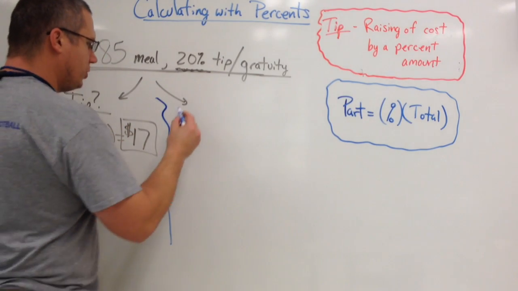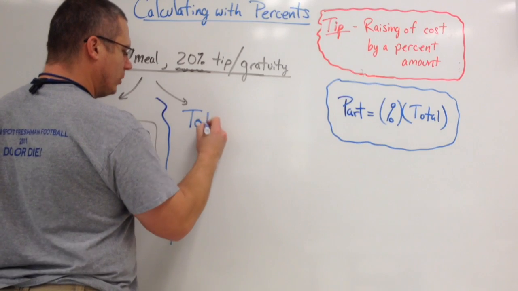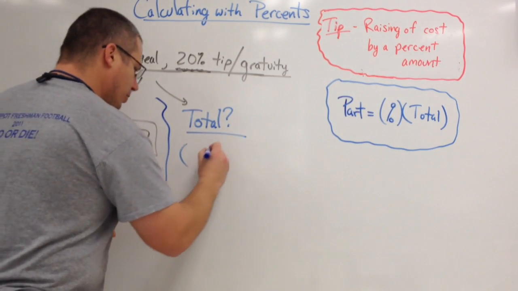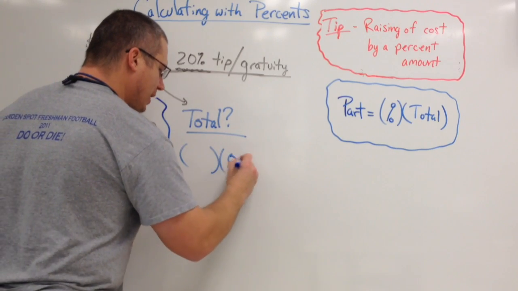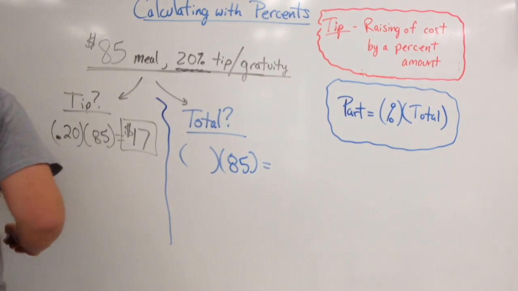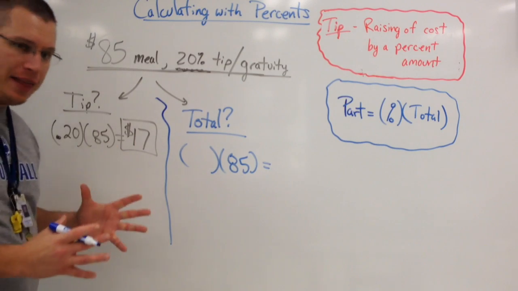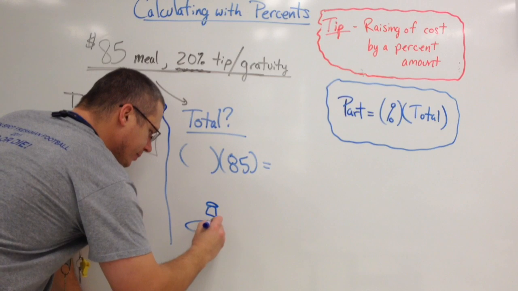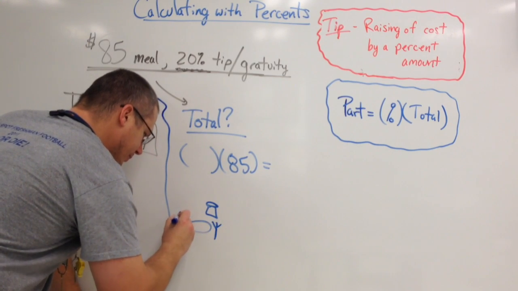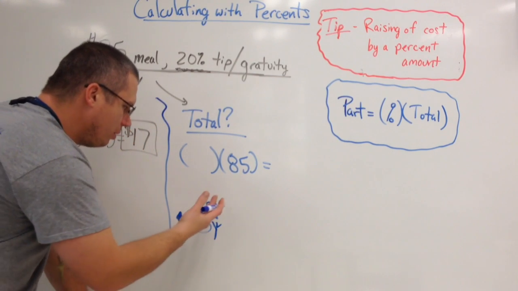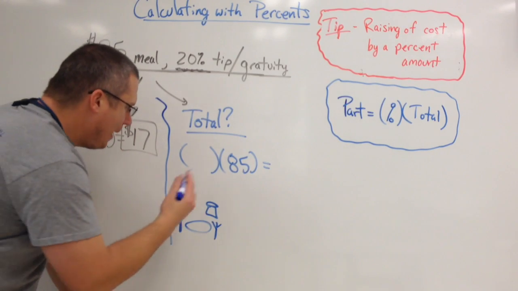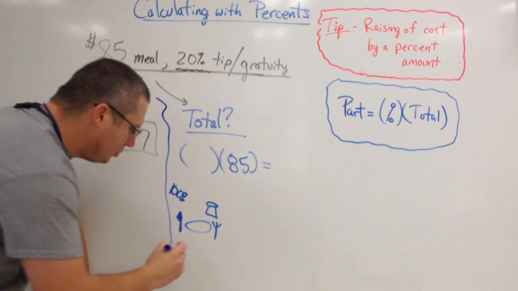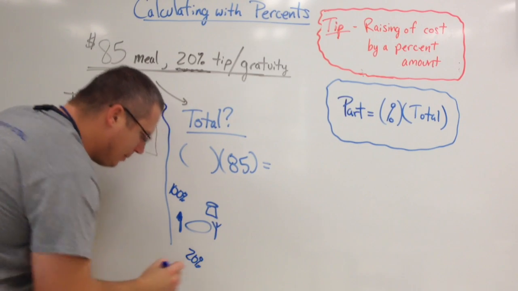What's the other type of question I could be asked? What is my new total? I need a percent. I need my total, which is 85. Okay, think about this. Here's my meal, my plate of food, my cup, things like that. I'm paying for 100% of my meal, plus an extra 20% for the tip.